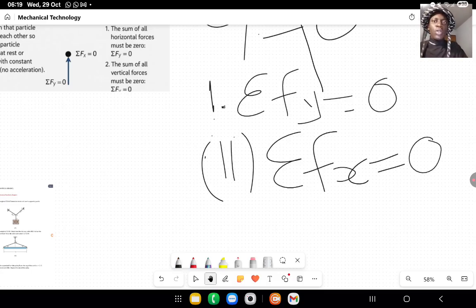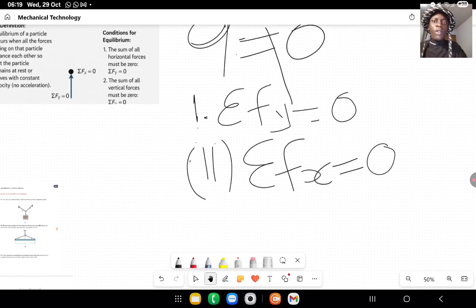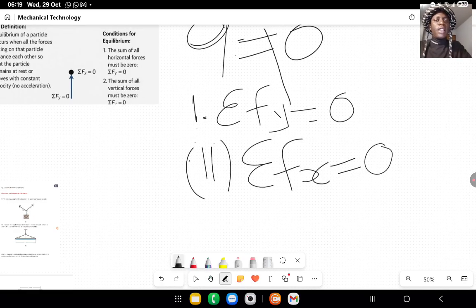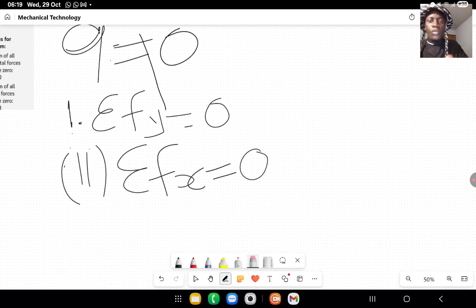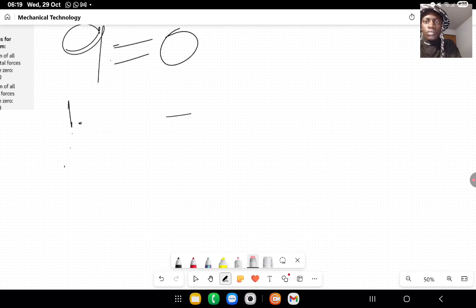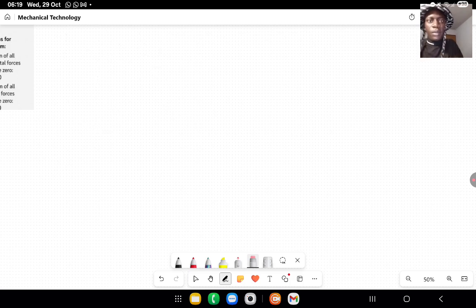That means, in order for equilibrium, the sum of horizontal forces must be equal to 0 and the sum of vertical forces must be equal to 0. Okay, in order for us to understand, let's take a little example.